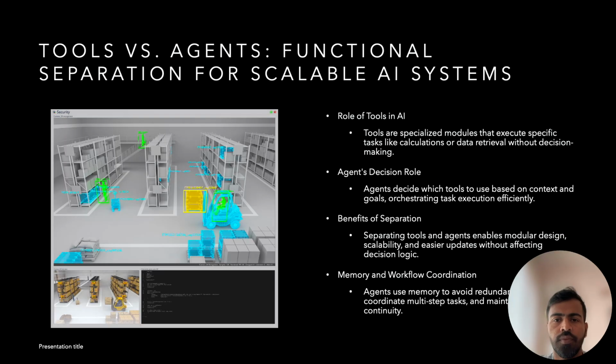Tools versus agents. Let's understand it. In a well designed AI architecture, tools and agents serve distinct roles that together enable robust, scalable, intelligent systems. Tools are specialized modules responsible for executing specific tasks such as retrieving information, performing calculations, calling APIs, or manipulating data.